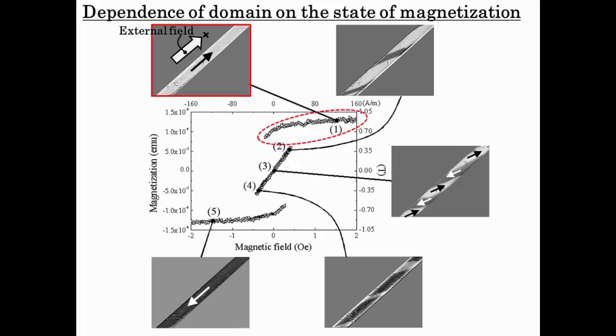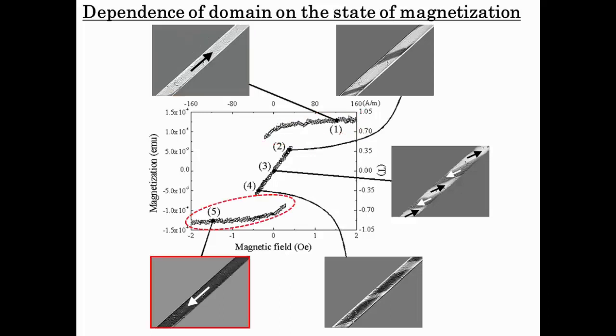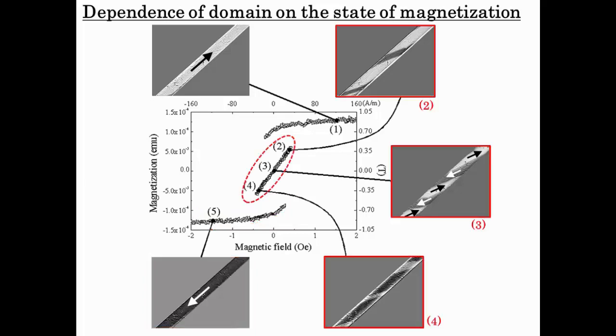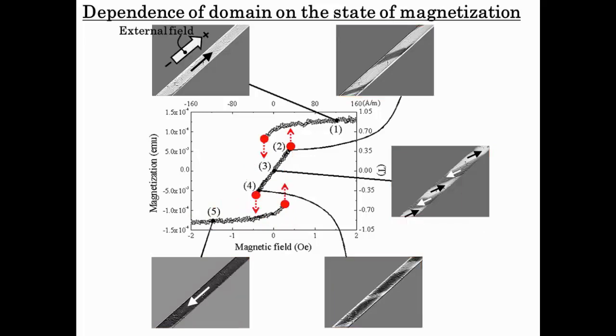The upper state represents a single domain with positive direction, and the lower state represents a single domain with negative direction. The middle state represents a multi-domain state, and as the external field changes, the domain width changes. The domain transition from single domain to multi-domain occurs at the endpoint of these domain states.